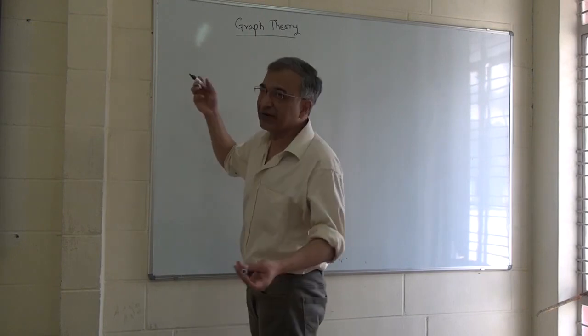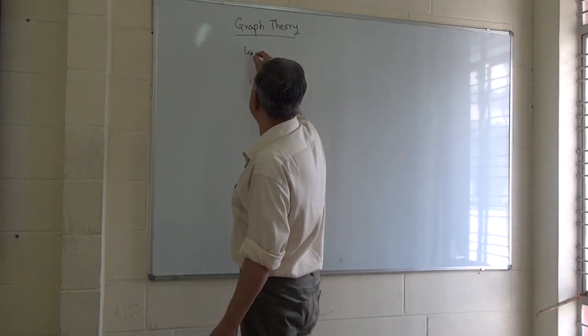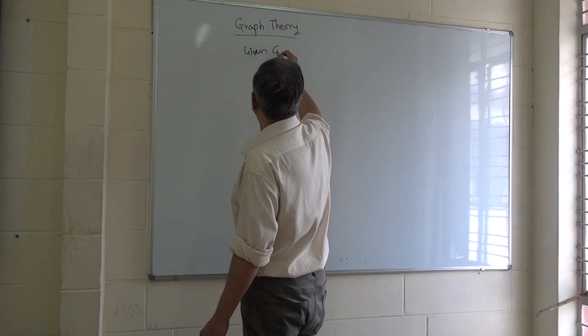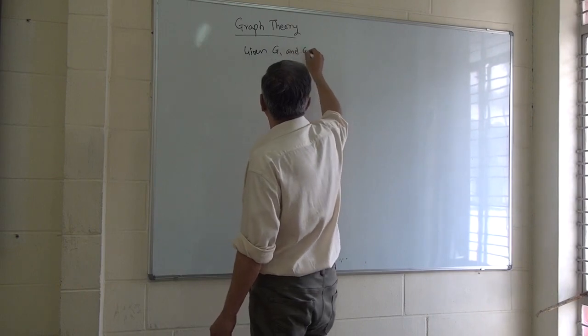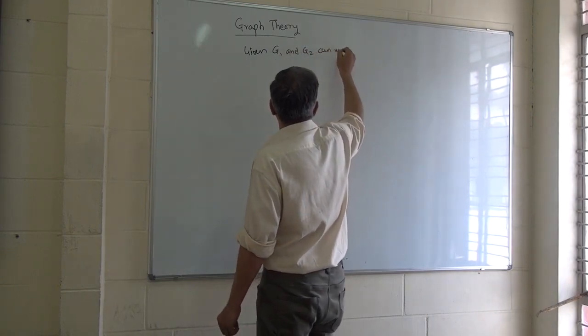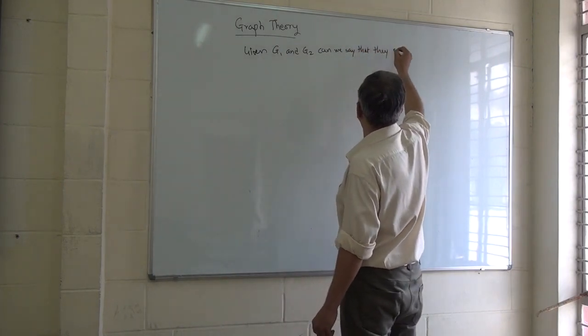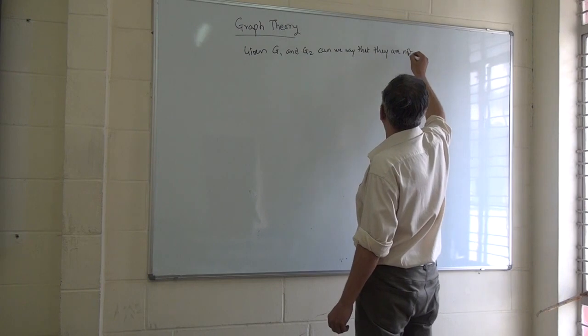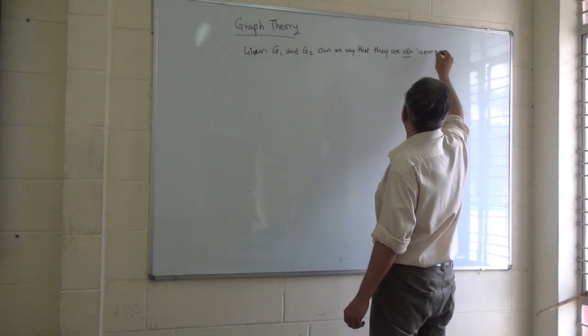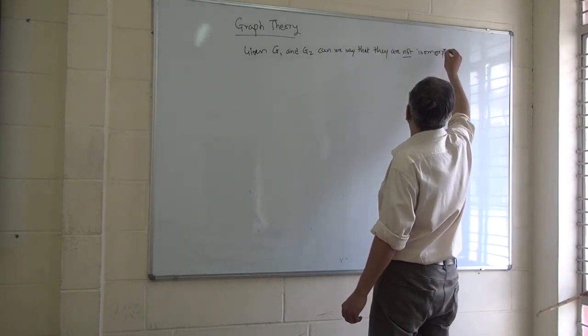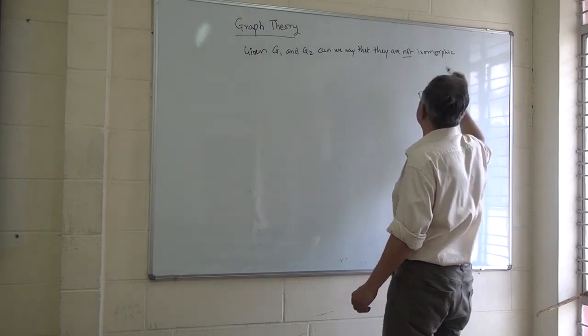So here is a little variation of the same problem. Given G1 and G2, can we say that they are not isomorphic? They are not the same models of the same graph.